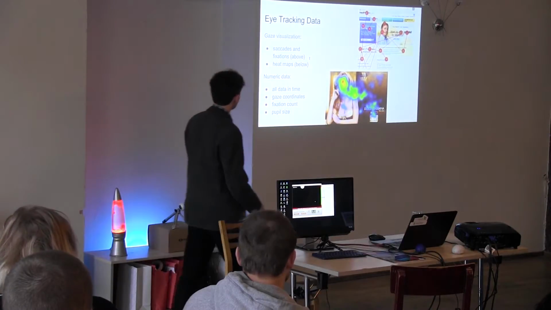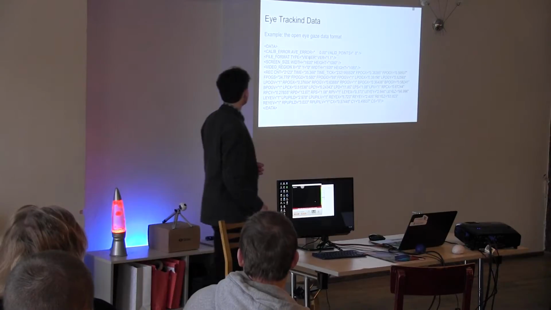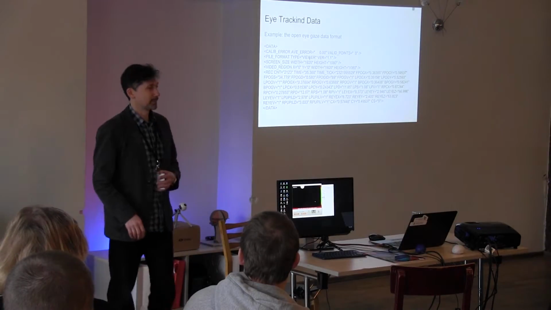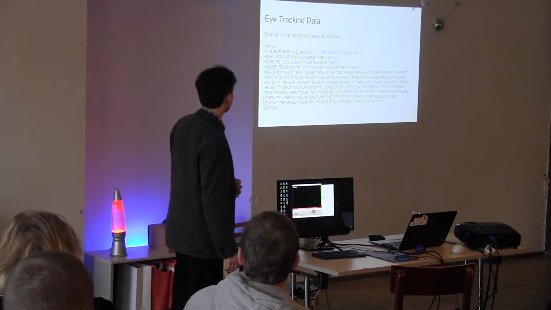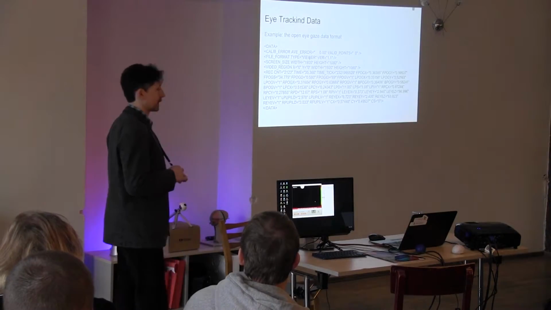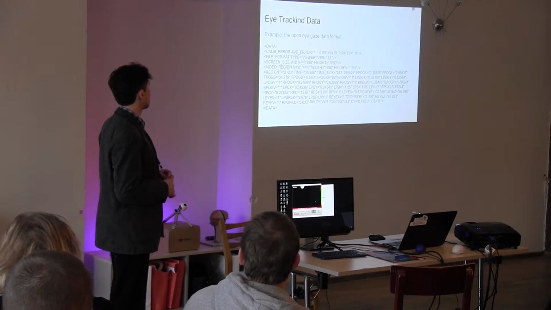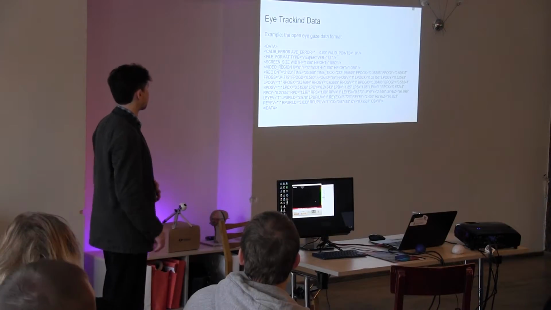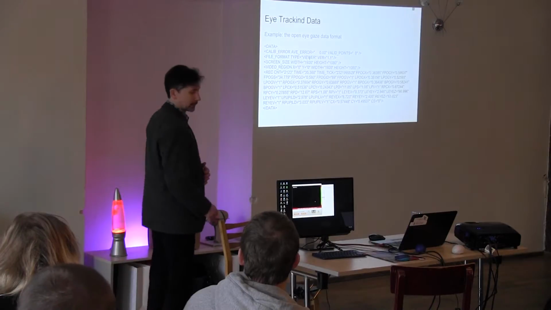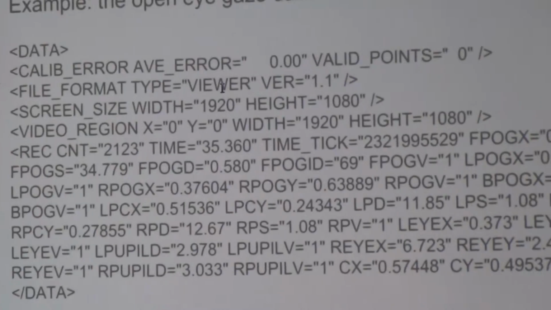So let's take a look at the numerical data. Here is the eye tracking data package in XML format, and this format is based on Open Eye Gaze data. That's the standard to be used with eye trackers. This eye tracker here uses exactly that kind of data packages.